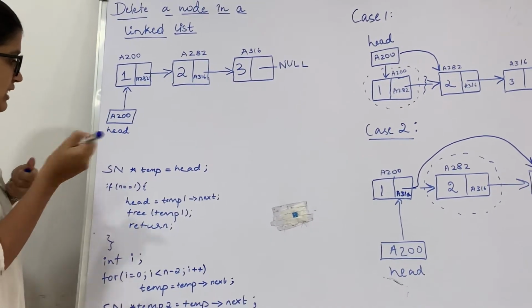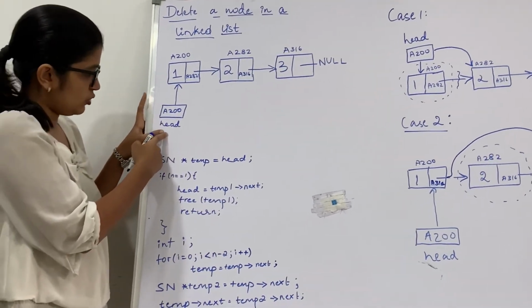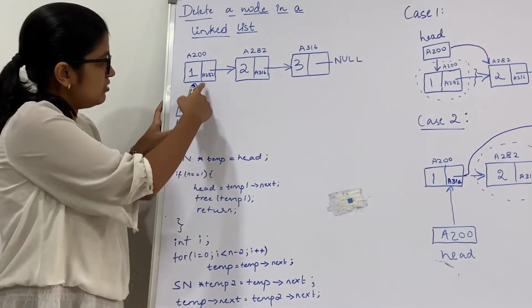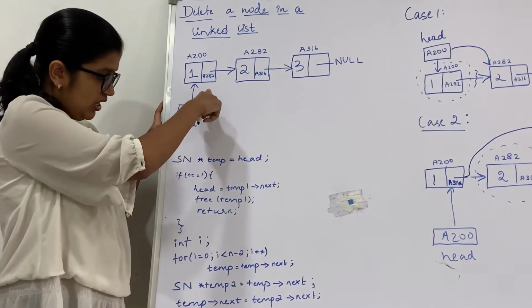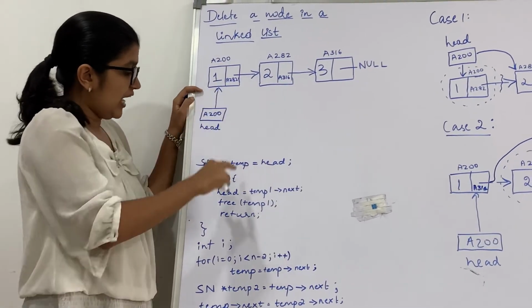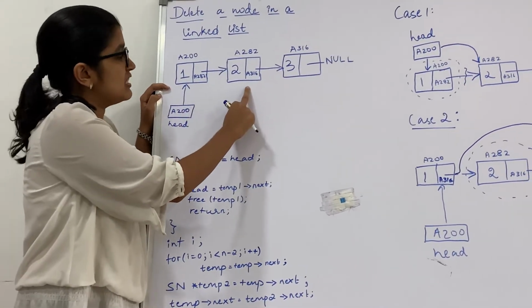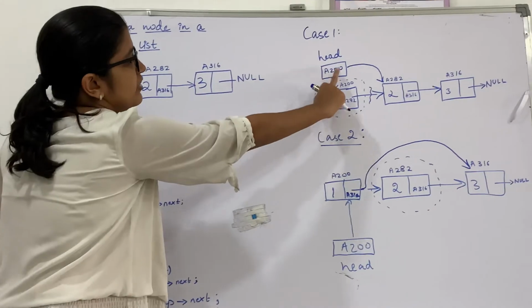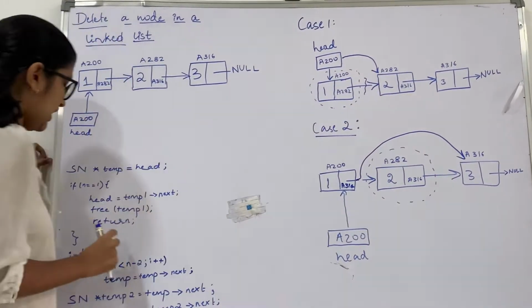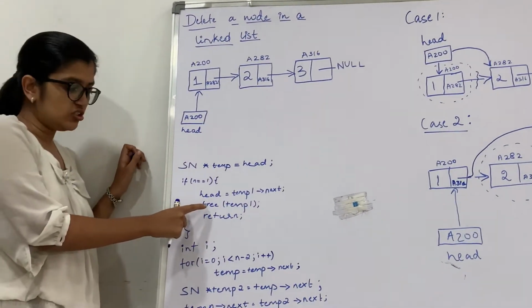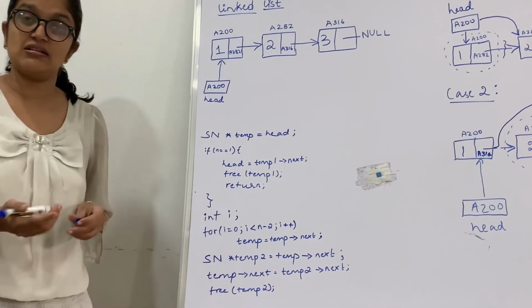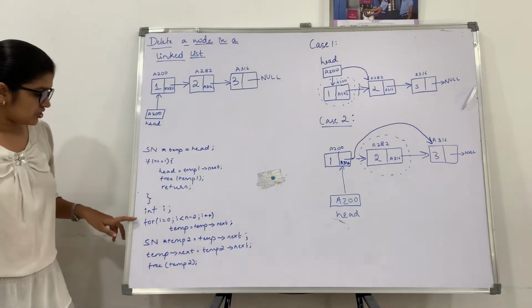So the temp will first be pointing towards the head, and then we make the head node point to temp's next, that is, making the head node point to the second node. After that, we have to free the space allocated to temp and then return. That's a simple case. Now let us go through the second case.